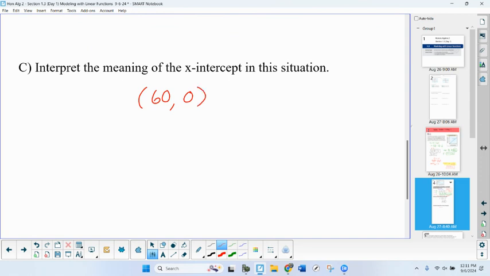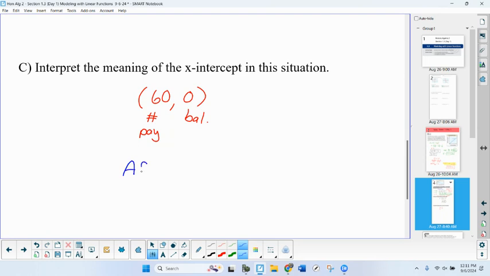That's the x-intercept. What does that mean? Well, x is the number of payments, y is the balance, use words. So what's that mean? You're broke. After 60 payments, you paid it off.